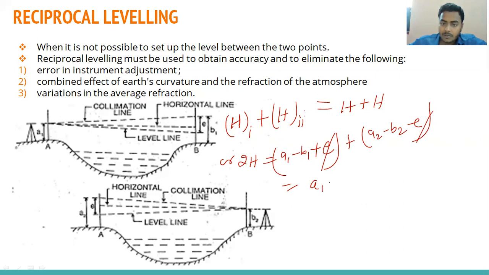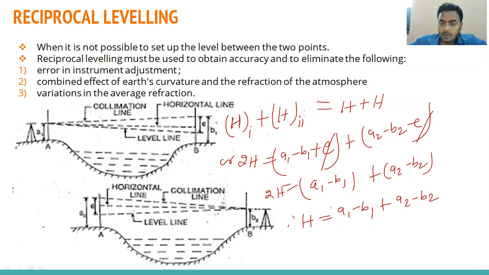You can get 2H equal to A1 minus B1 plus A2 minus B2. Now we can write H is equal to (A1 minus B1 plus A2 minus B2) divided by 2.